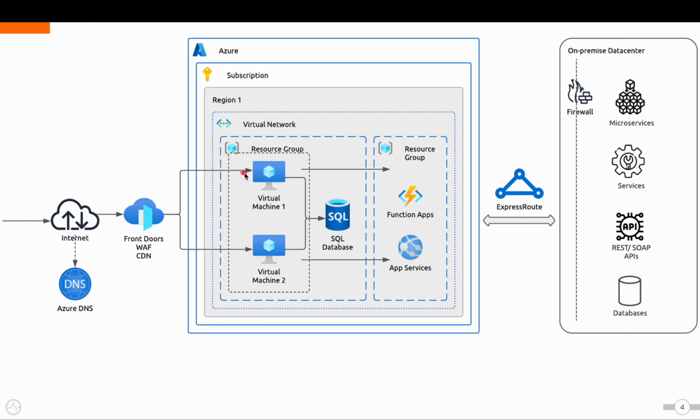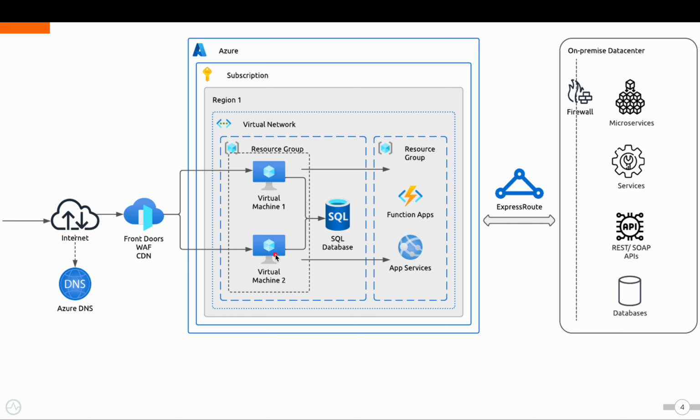And as you can see, both the virtual machines are front-ended by an Azure component, typically a component like Front Door. As you know, Azure Front Door is a layer 7 load balancer, which helps to balance traffic between these two virtual machines.